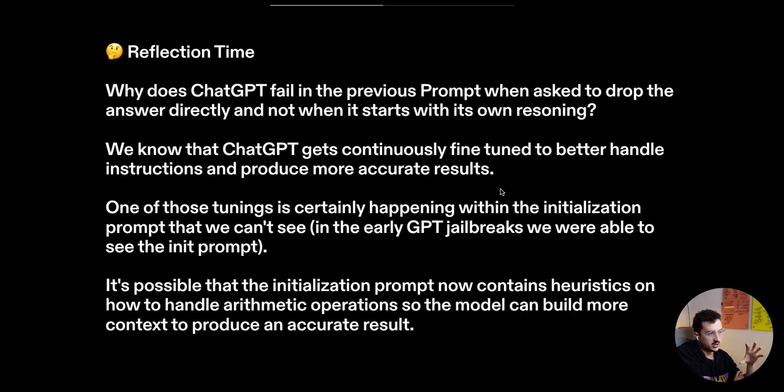There's this concept of the initialization prompt that we can't see anymore, but in the early versions of GPT, people were jailbreaking GPT and were able to get the thing that initialized the model. I don't know if that has changed or if there are new developments around that, but from what I know, there's always something that lives outside the context of your conversation with GPT, which initializes the conversation and tells the model how to behave, how to answer, how to reason.